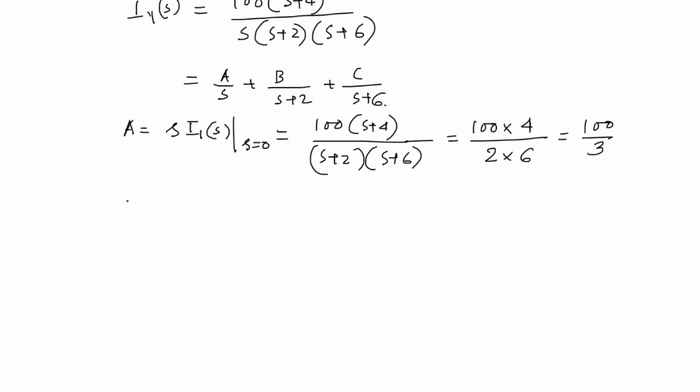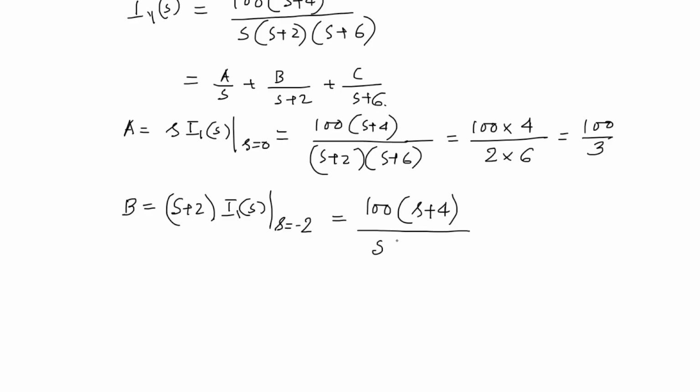So what will be b? B is s plus 2 into I1s, and you need to substitute s equal to minus 2. So let us do that. If you multiply s plus 2 into I1s, it should be 100 into s plus 4 divided by s into s plus 6.